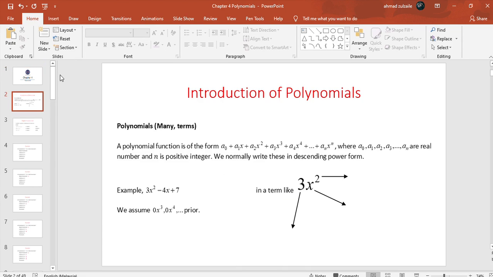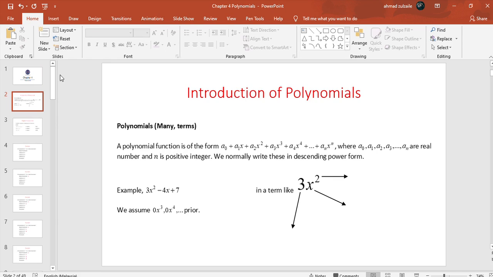Okay, so as an introduction, polynomial is actually many terms. Poly stands for many, mial stands for terms, right? So a polynomial function is of the form a0 plus a1x plus a2x squared plus a3x cubed and so on, where a0, a1, a2 and a3 until an are real numbers and n is a positive integer.